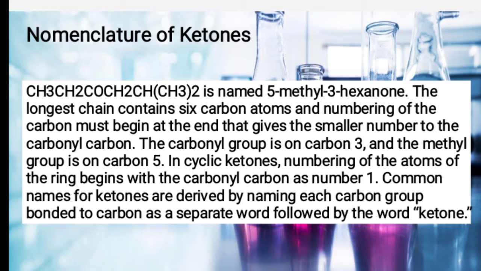In cyclic ketones, numbering of the atoms of the ring begins with the carbonyl carbon as number 1. Common names for ketones are derived by naming each carbon group bonded to the carbonyl carbon as a separate word followed by the word ketone.